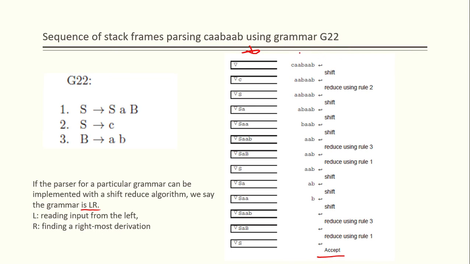Then this is your input, and shift and reduce here is the action, the operation. So whether you want to shift or whether you want to reduce. So how to do it? You start with your input. Your input in this example is CAABAAB. So you write down your input here, CAABAAB, and the end marker.